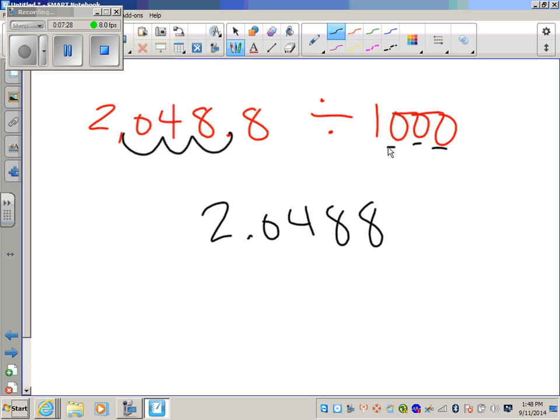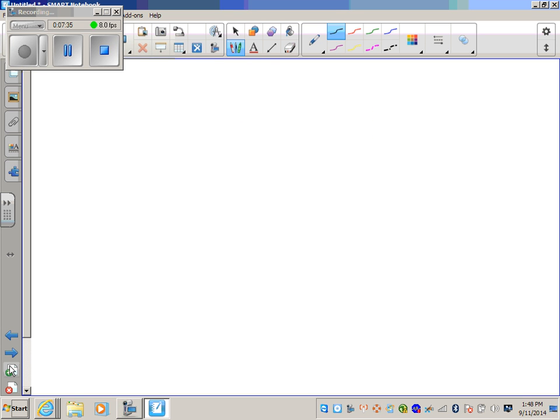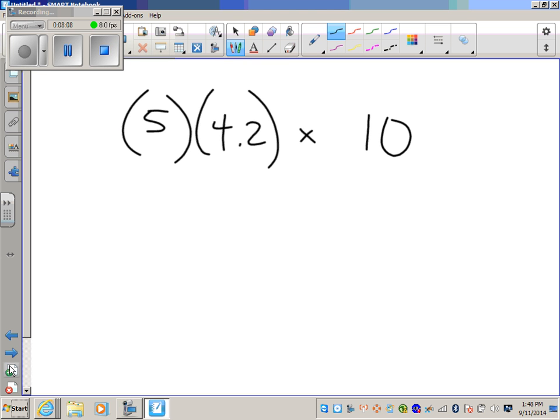Dividing, so make sure we know what it is that we are doing. Let's take a look at one like this.